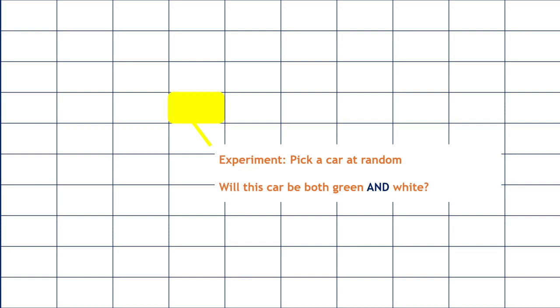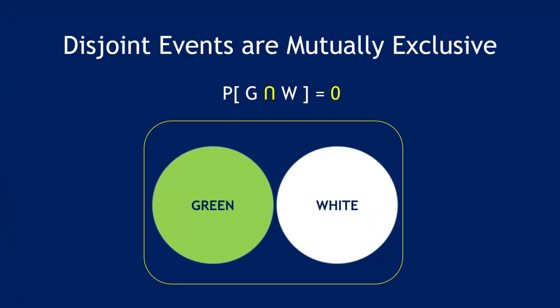So we can say that if that's the case, of course there may be exceptions to this rule, but if this rule is correct, then we can say that these are two mutually exclusive events. That being green excludes the event of being white, and being white excludes the event of being green. We can say that these two events, being green versus being white, are disjoint events.